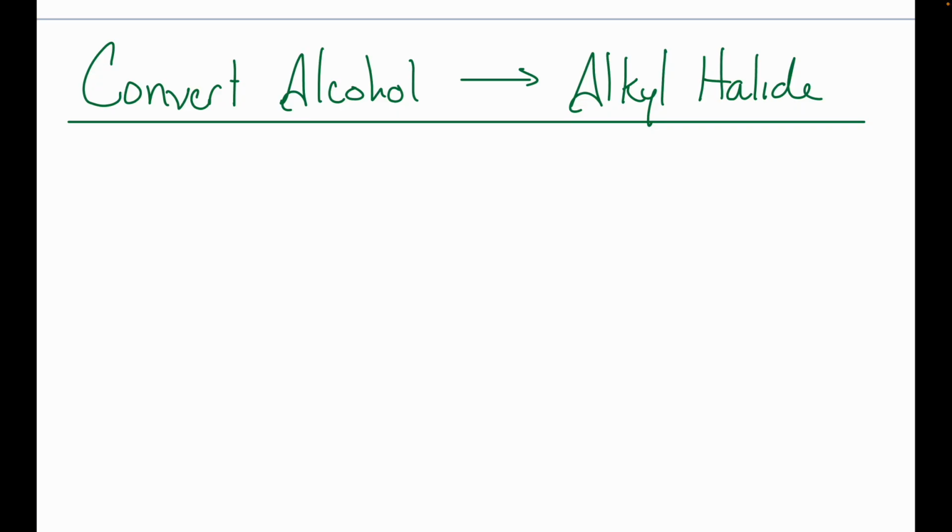So how do we convert alcohols into alkyl halides? We're going to have a different strategy depending on the classification of our alcohols. So we're going to lump primary and secondary alcohols together, and we'll talk about tertiary alcohols separately.